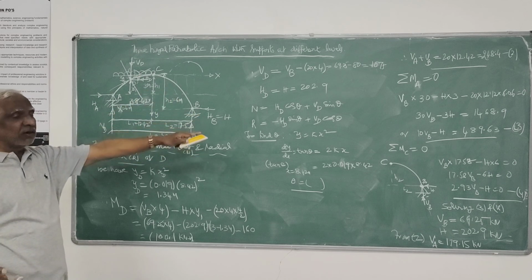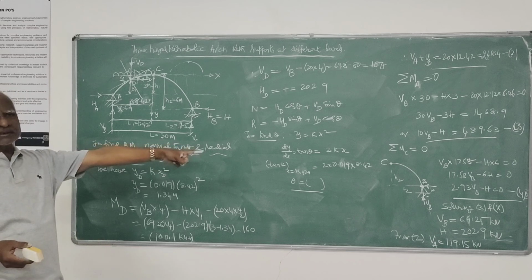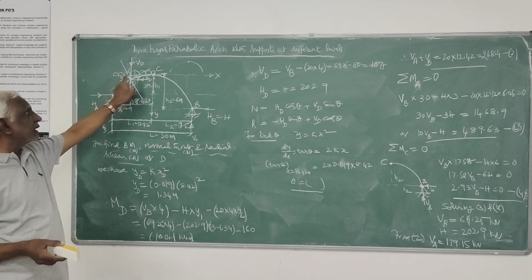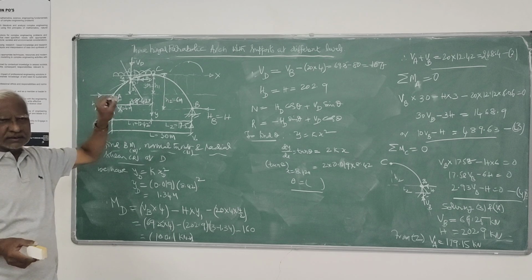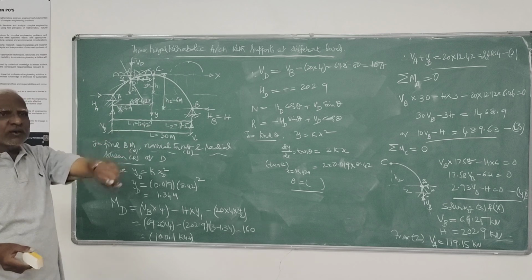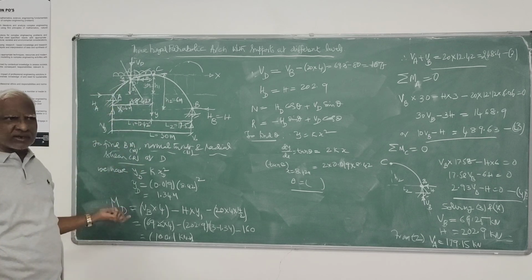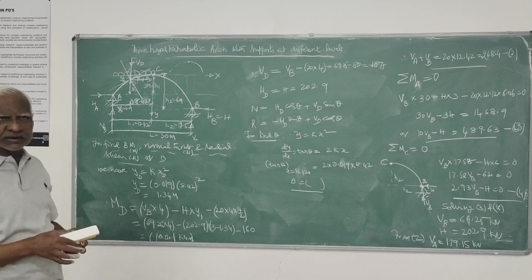You have to work out K1, K2 for the two portions separately, and accordingly work out tan theta wherever you need the normal thrust or radial shear. If the point is here, use y equals k2 x square, otherwise k1 x square. That's all. With this, the analysis of arches is complete.